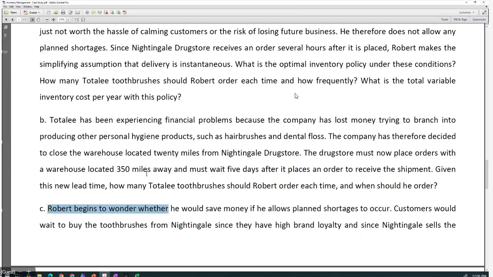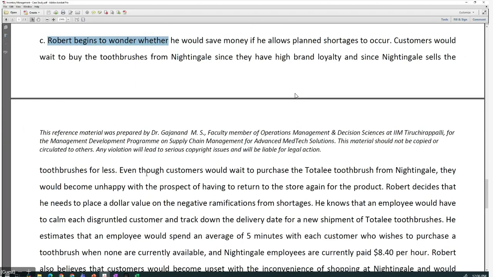Robert begins to wonder whether he would save money if he allows planned shortages to occur. Now, what do we mean by planned shortages? I know that my customers are willing to wait. Why? Because we are selling at a 20% rate cheaper than the others, right?